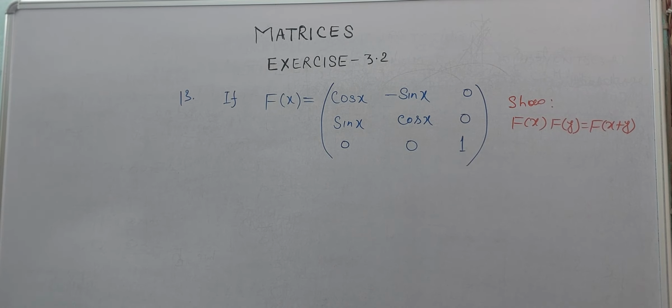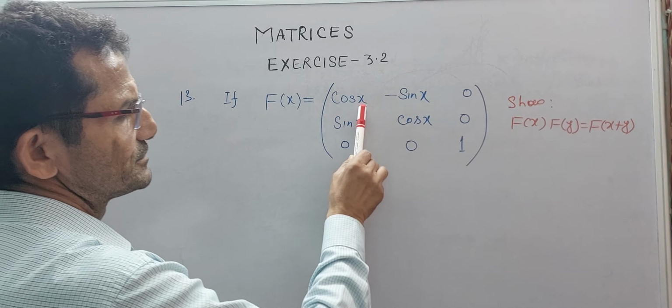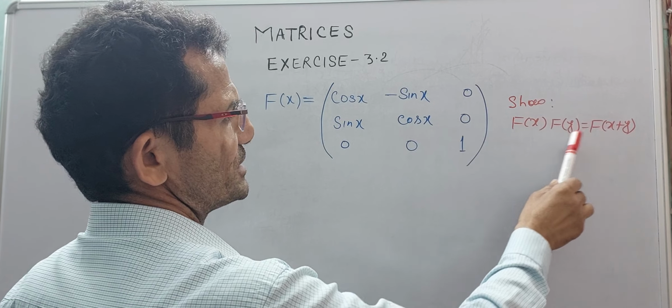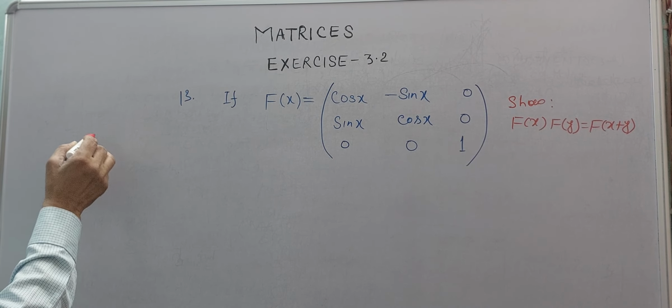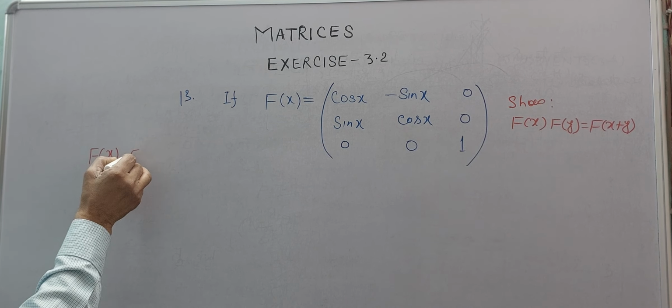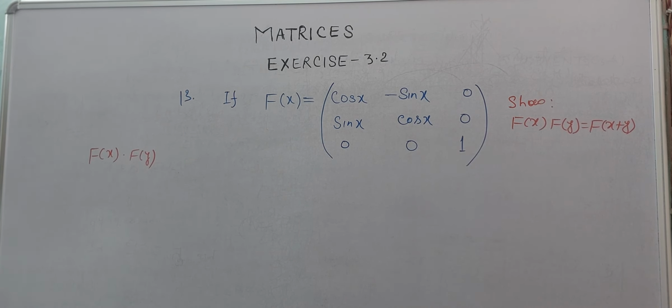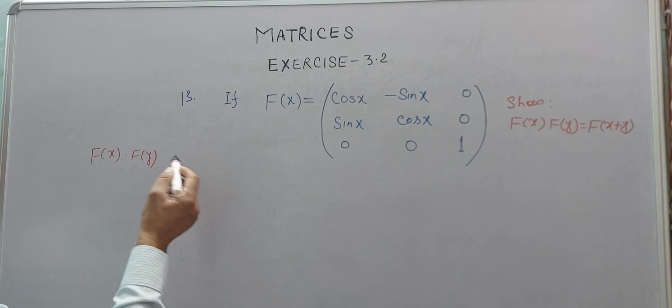Now in question number 13, if f(x) has this value, show that f(x) times f(y) is equal to f(x plus y). On the left hand side we have taken f(x) dot f(y). This is f(x), and if I replace x by y, I will get f(y).